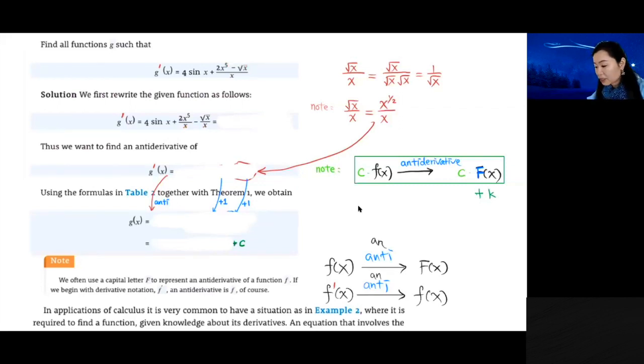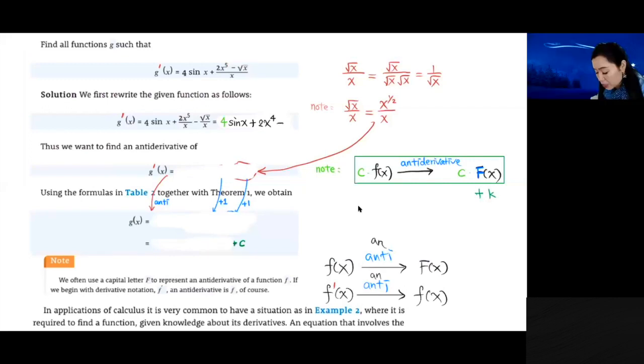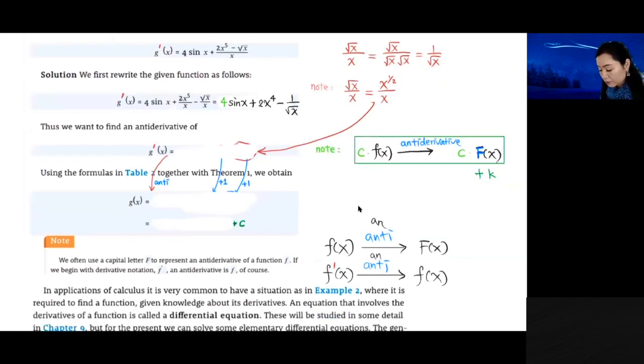Now after that, you're going to have this 4 sin x plus, dividing this, you'll get 2x to the 4th power, and then minus. Now, square root of x divided by x is the same as 1 over square root of x. Now, to find the antiderivative of this function, we better write it in power form because we can use the power rule.